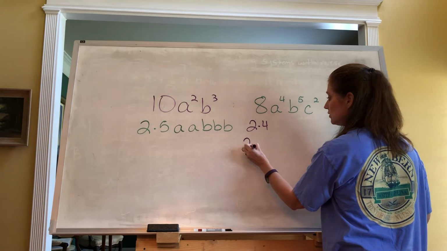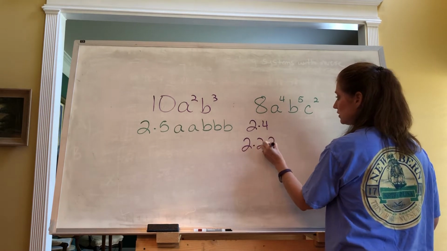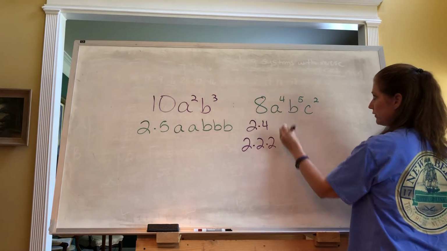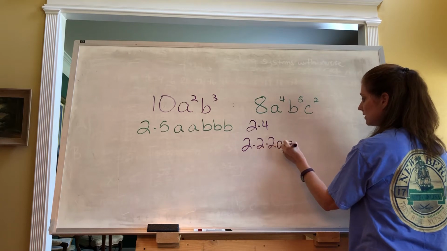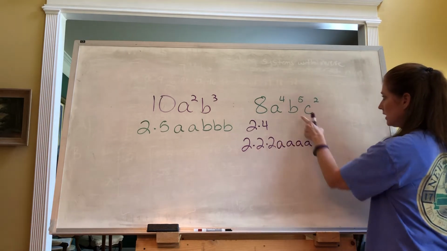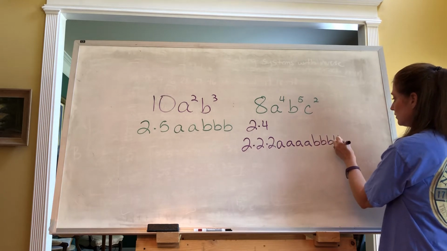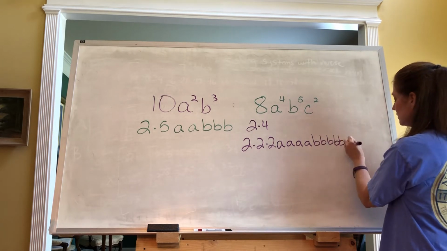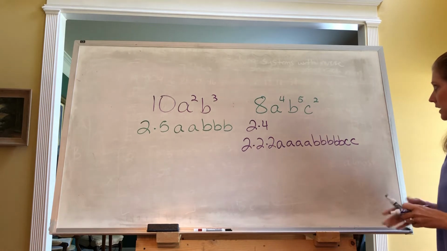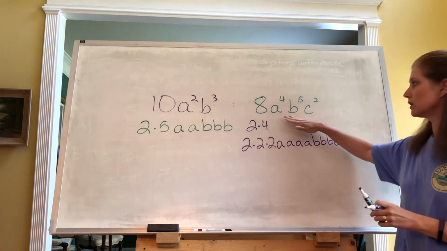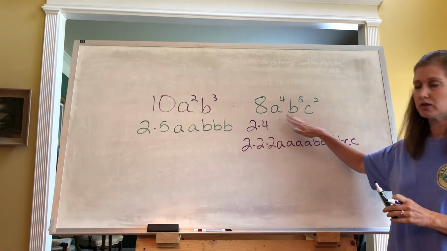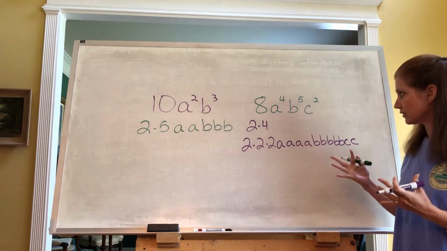So it's going to be 2 times 2 times 2, and then I have 4 a's, I have 5 b's, and I have 2 c's, all right? So that would be, down here, the factored expression.